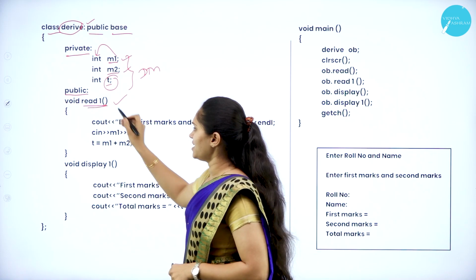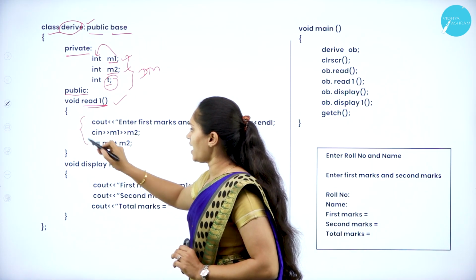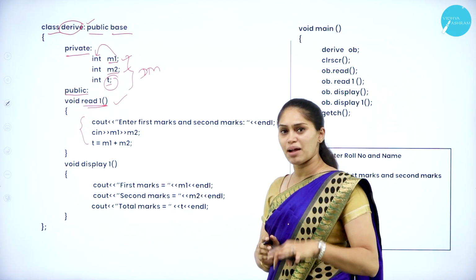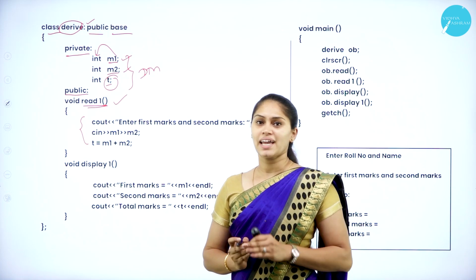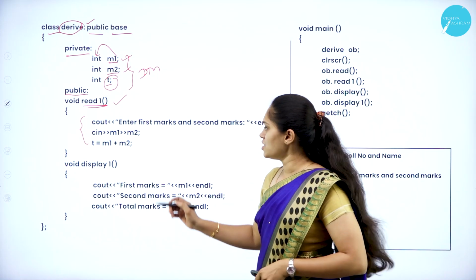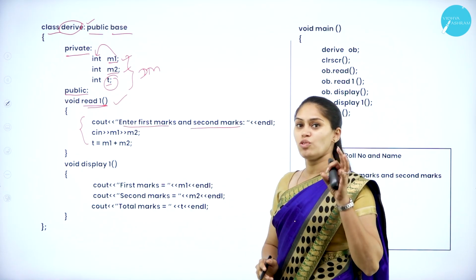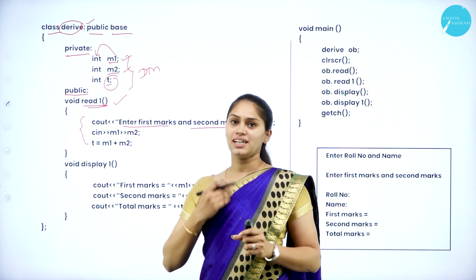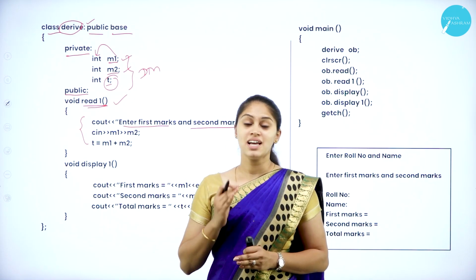So here read1 is the member function of the class derive. What content do I have in read1? Here I am taking the values of M1 and M2, the first marks and the second marks. So you can see the prompt: enter the first marks and second marks. When you get this line, the user has to give the values for M1 as well as M2.